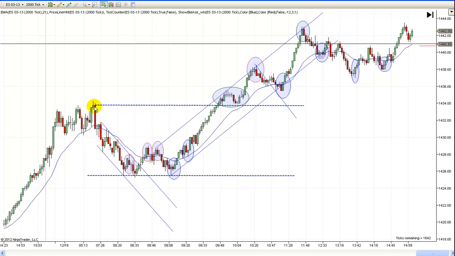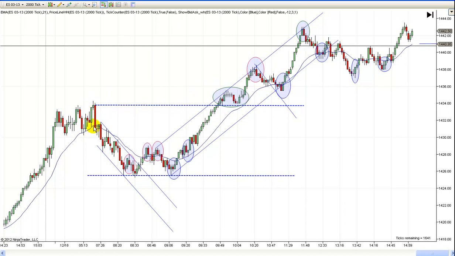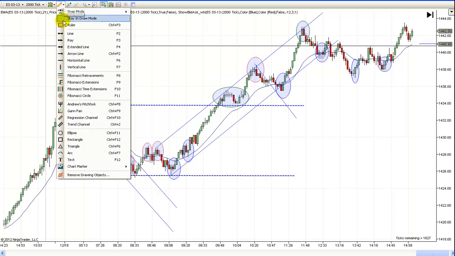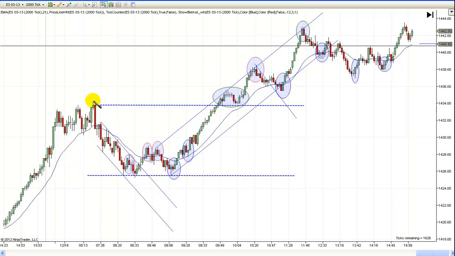But what we did, we started out with this little spike. This is a spike down, and then we went into this little channel. This is what you call a spiking channel, and you'll see this quite often. I think it would have worked either way. You might have drawn your trend line off those first two swings like that right there.